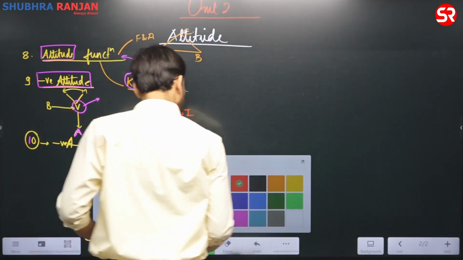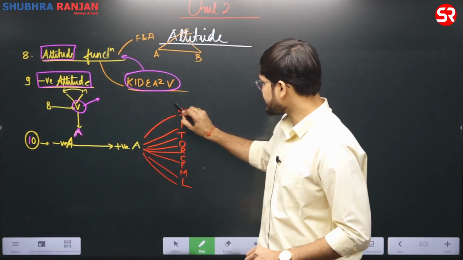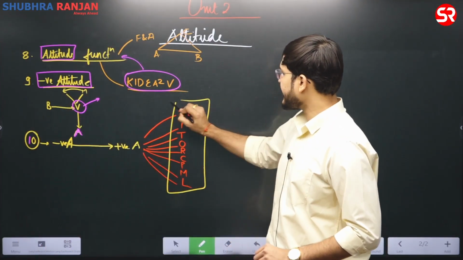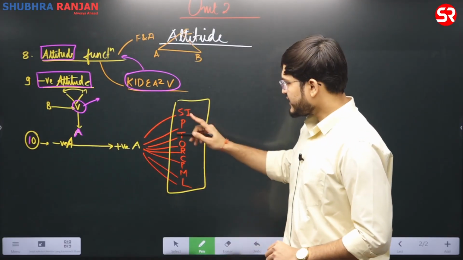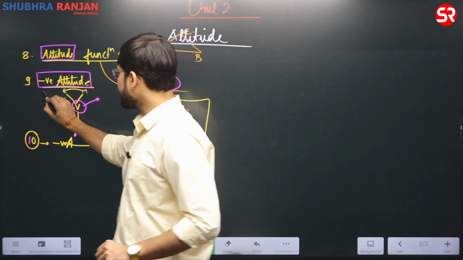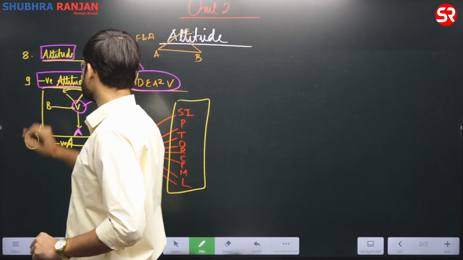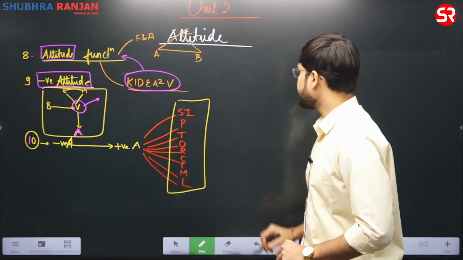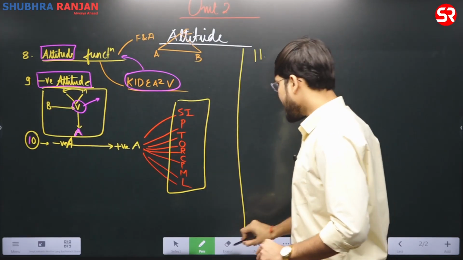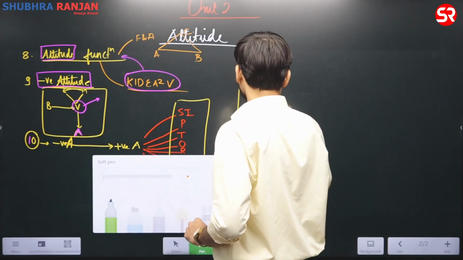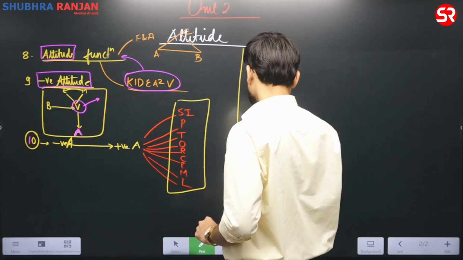With respect to addressing such types of questions, you will take the help of all of these keywords. Remember friends, you have to make a diagram in such types of questions. Now if you see the next theme, they can ask questions from the aspects of types of attitude.